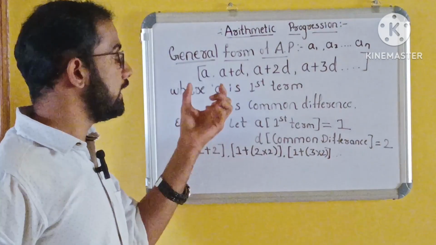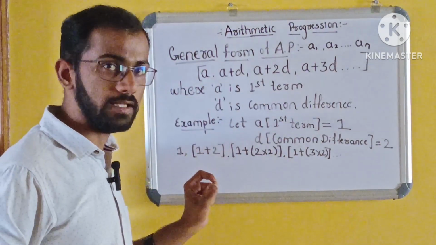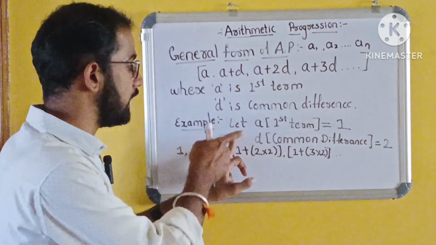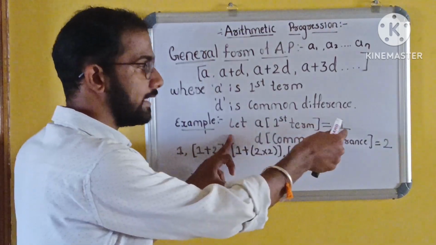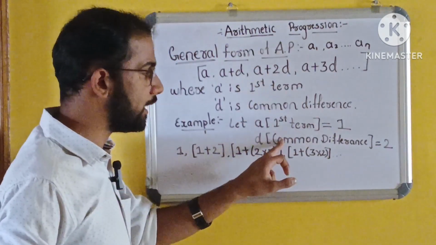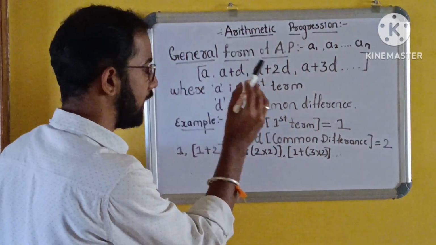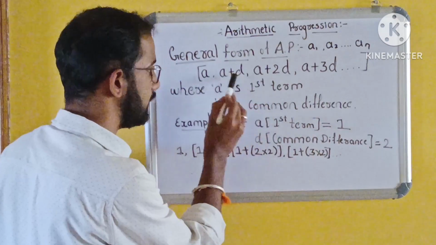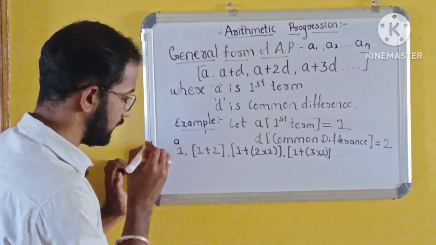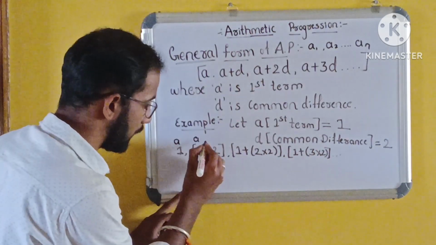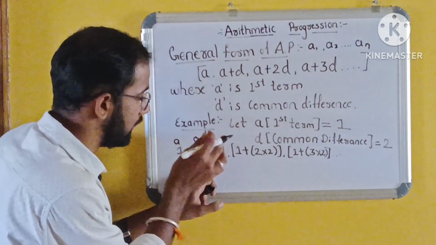So for better understanding, I have taken one example in general form. Let's take the first term a as 1 and the common difference d as 2. Here a is 1 and the common difference d is 2. So here a is 1 and here a plus 2 is the common difference d.